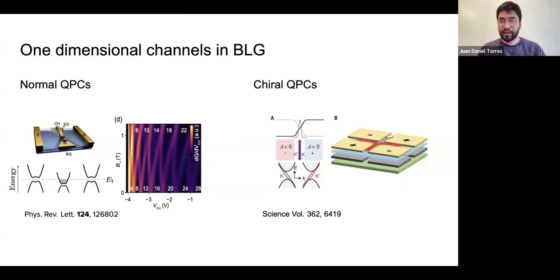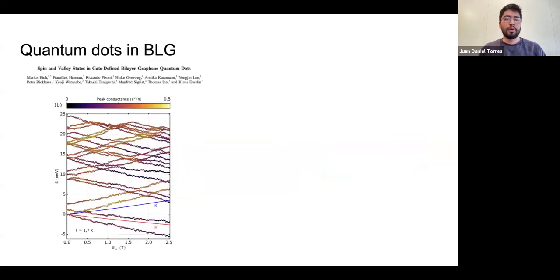One-dimensional channels are one of the kinds of devices that you can realize, and so are quantum dots in bilayer graphene. This is, for example, a very well-known experiment on quantum dots, where you can see that as a function of magnetic field, you have a breaking of the 4-fold degeneracy. And because the theory predicts it, you can identify the different levels as either K or K prime, with the corresponding spin configuration.